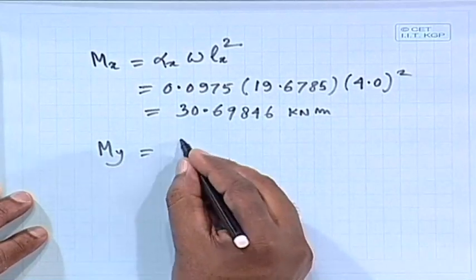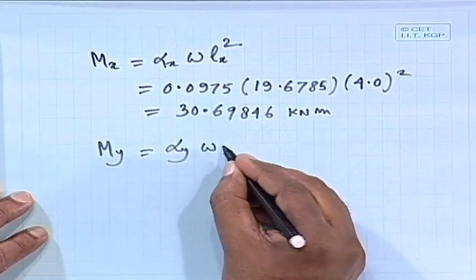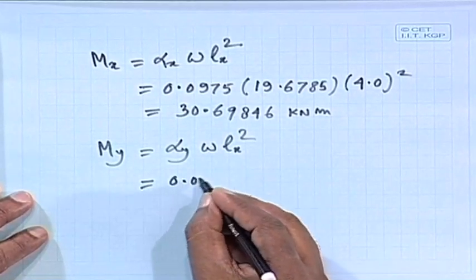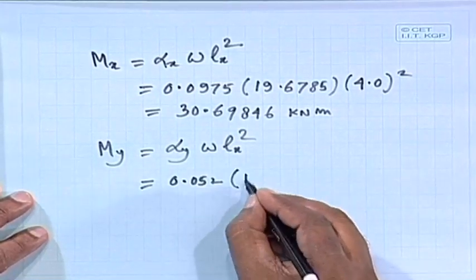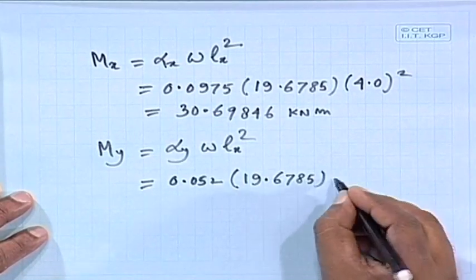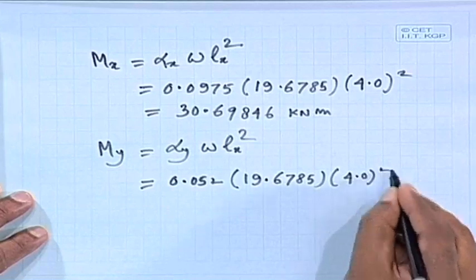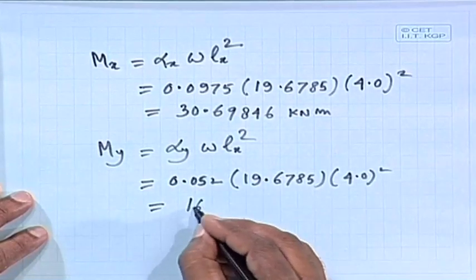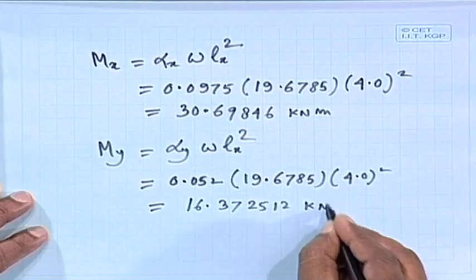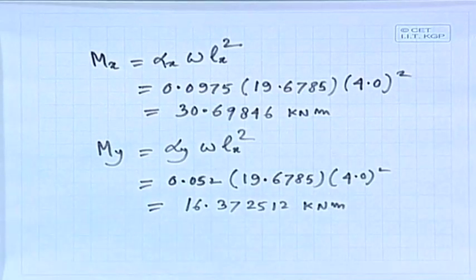My equals alpha y w Lx square, equals 0.052 times 19.6785 times 4.0 square, equals 16.372512 kilonewton meter. So, we can get Mx and My.